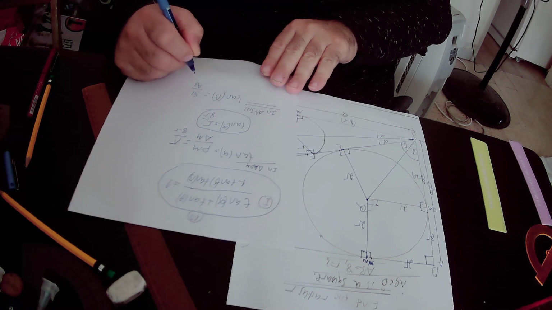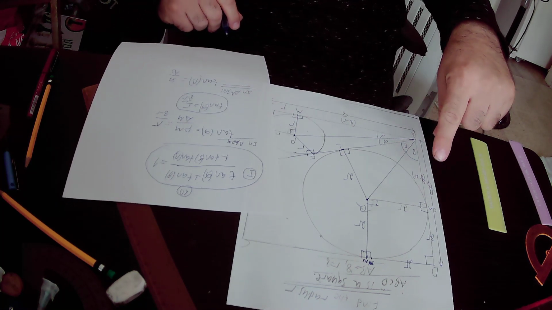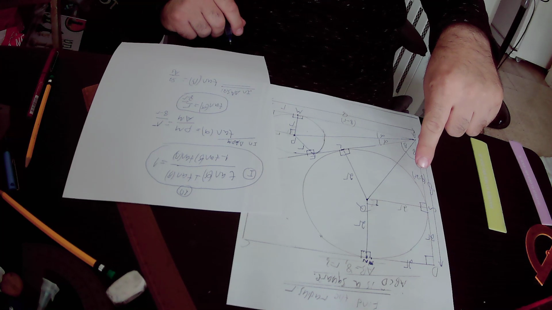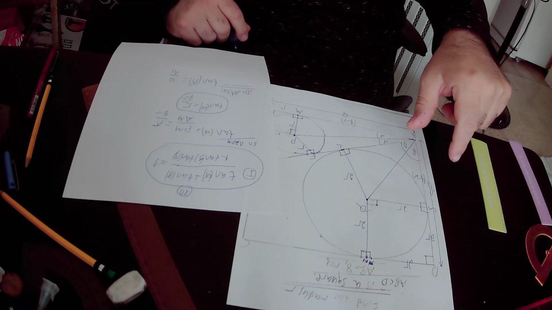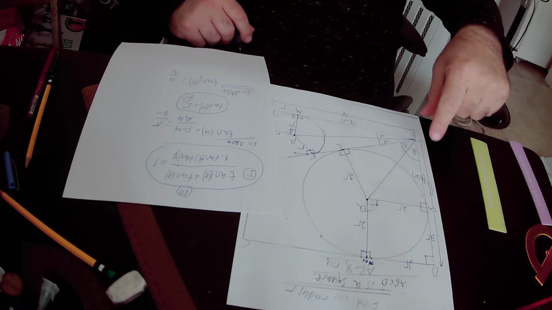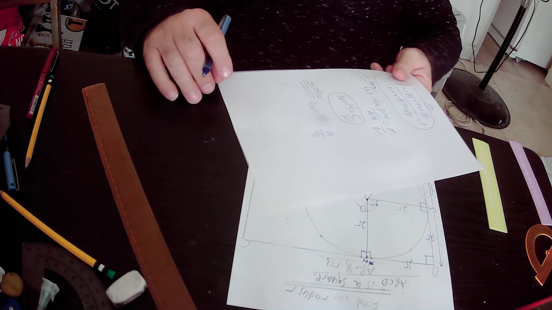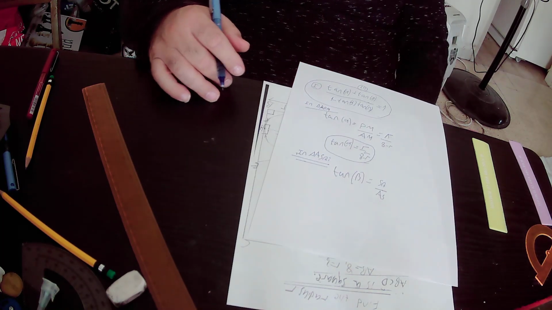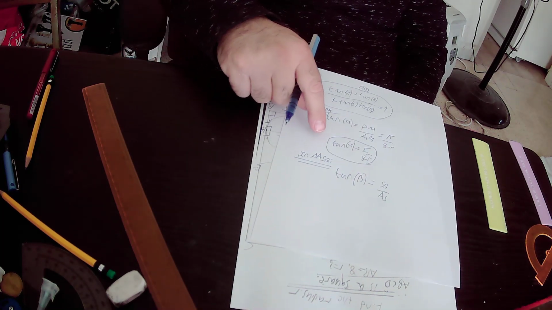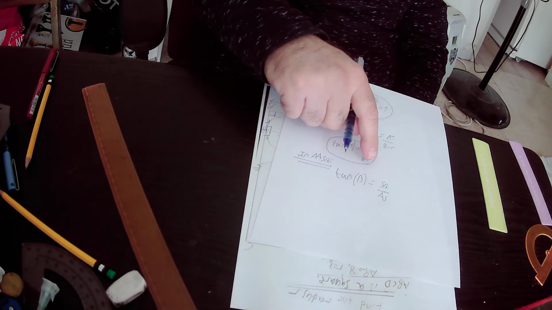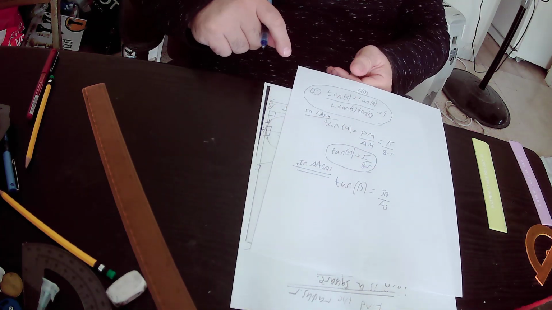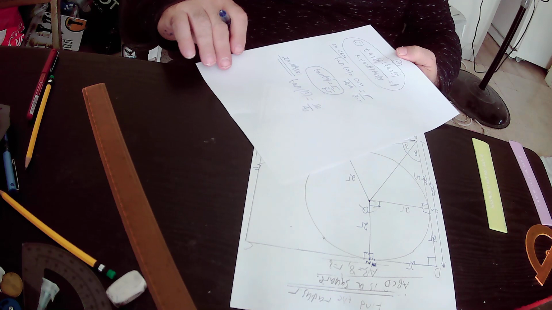Again, in the right triangle ASQ, tangent beta equals SQ over AS.